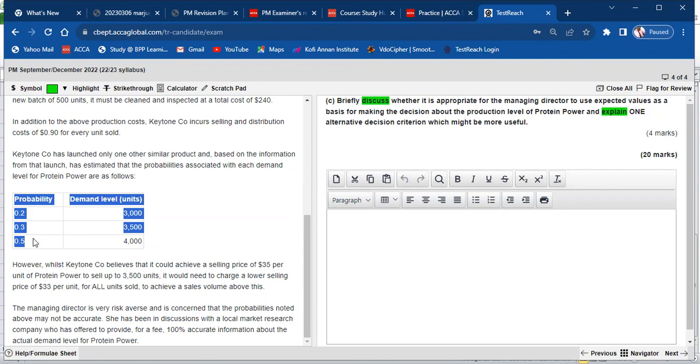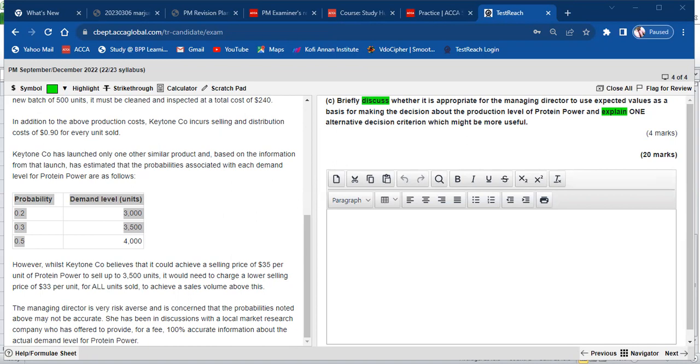And explain one alternative decision criterion which might be more useful. Well, the manager is risk averse. The use of maximin would be an alternative method, because that's also for risk averse managers, especially those who do not have knowledge of probability.